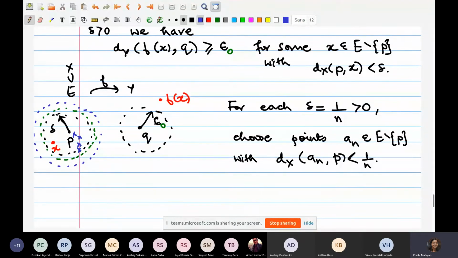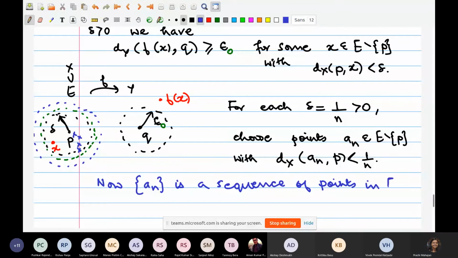Now, I'm just rewriting it one more time. Now, an is a sequence of points in E minus P such that, what happens to the sequence f of an?